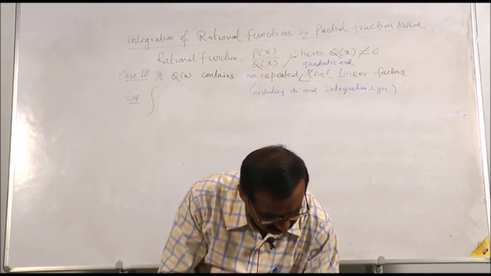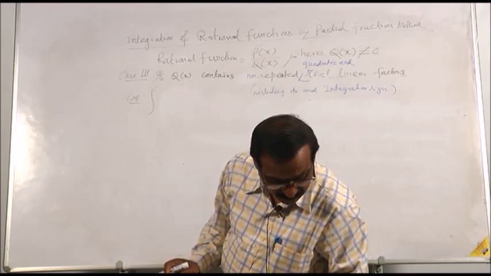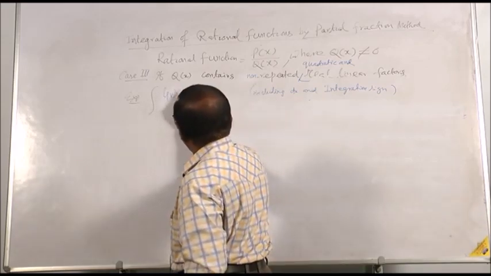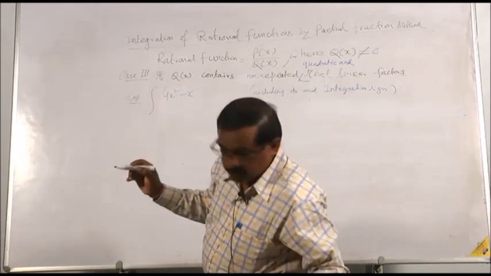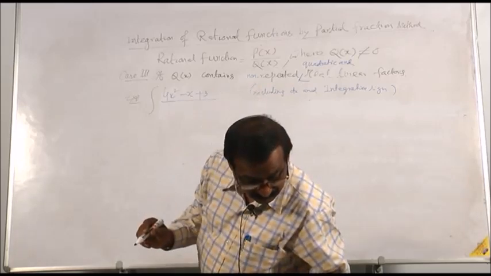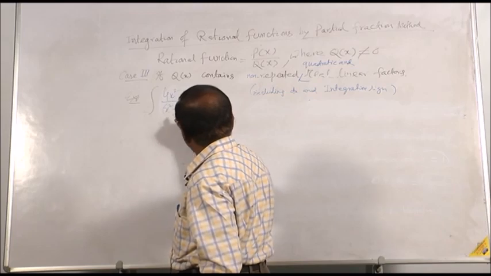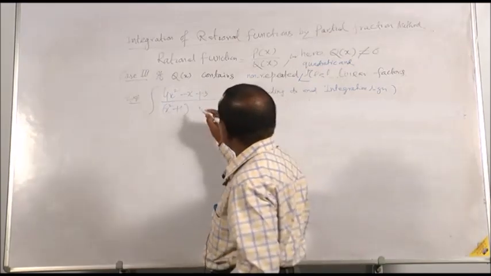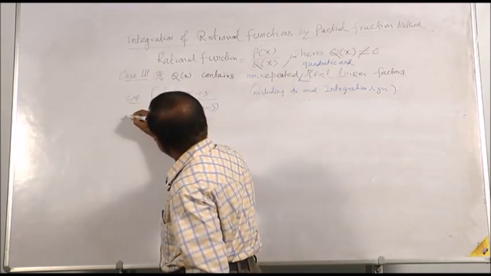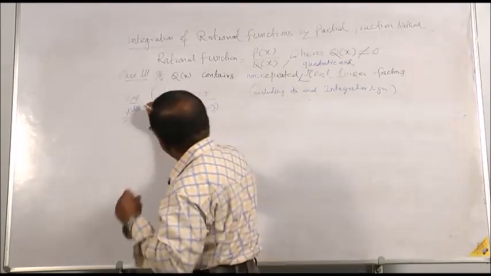The integral of (4x square minus x plus 3) by (x square plus 1) into (x minus 3). This is a CTC question. Yes, this is a CTC question. It has come in the exam 2005.